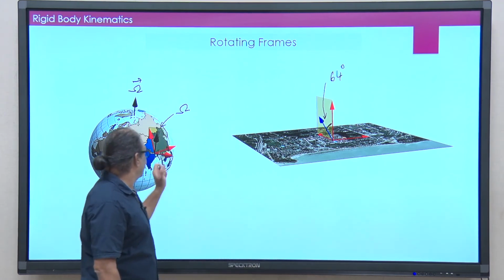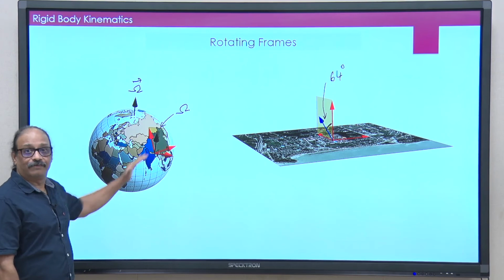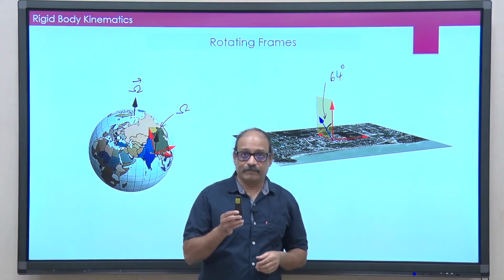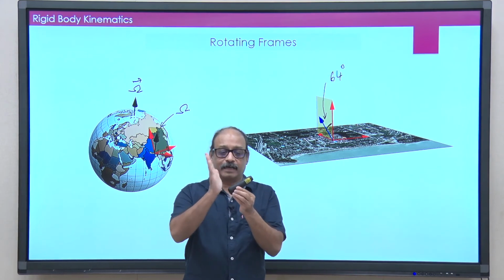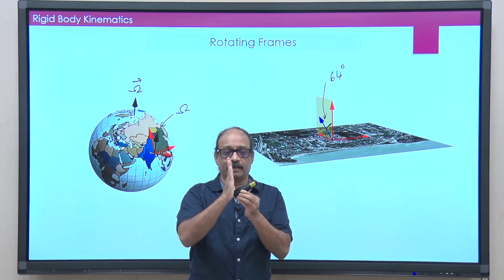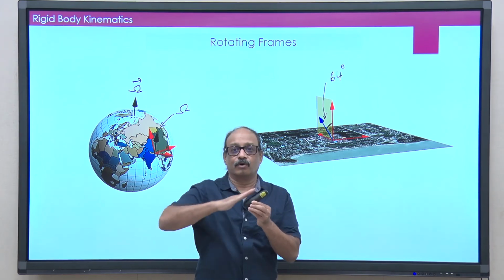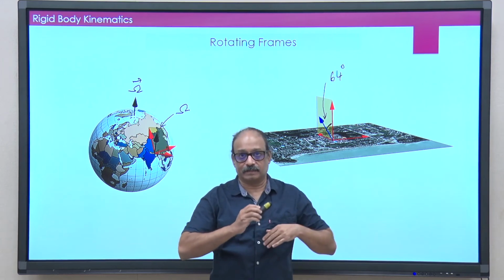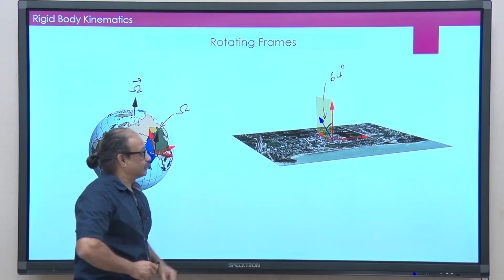The local vertical is same as radial from the center of the earth. So, basically the omega vector is something like this, that's vertical and you make a 64 degree angle there, and that would be your omega axis, and we all are actually going around that omega axis.